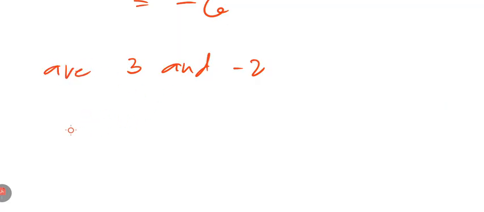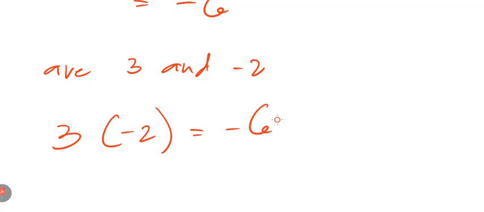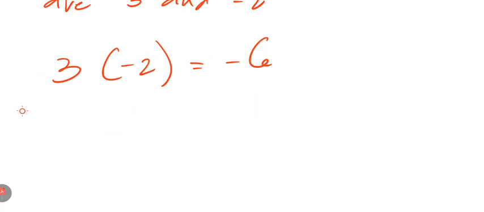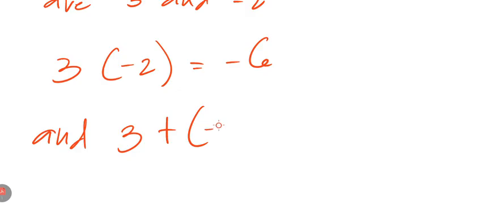To check, 3 times -2 is equal to -6, and the other one, 3 plus -2, is equal to 1, not -1. It's 1.